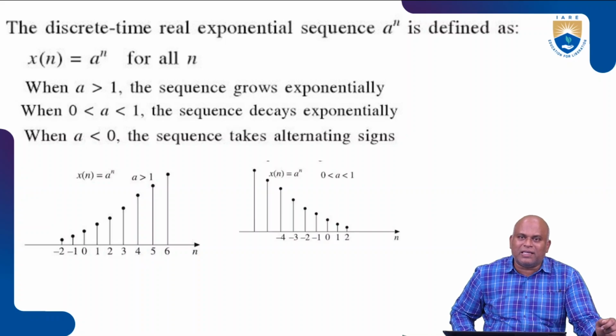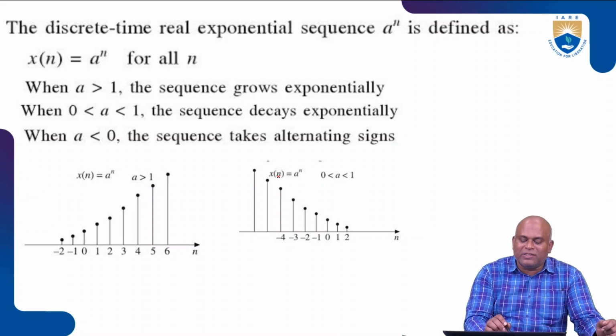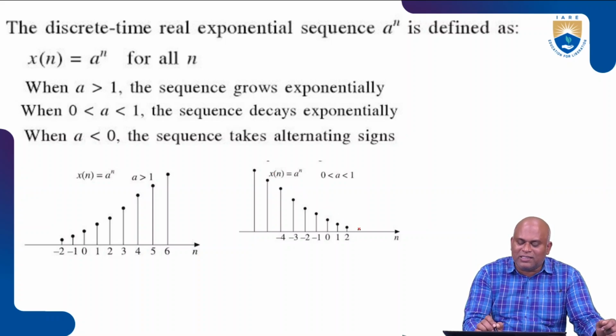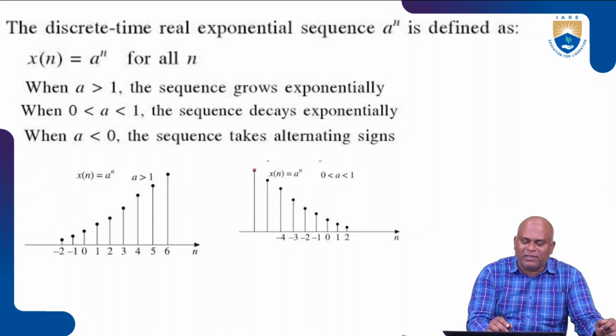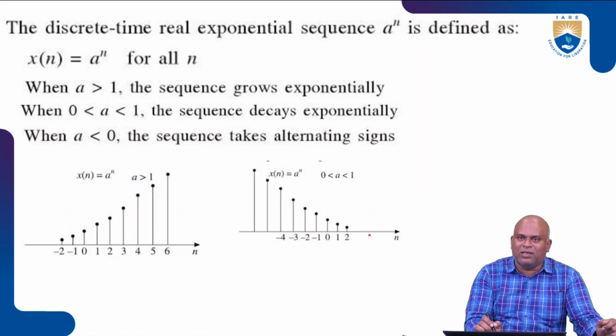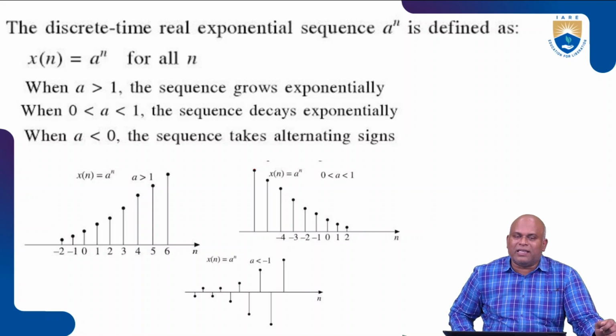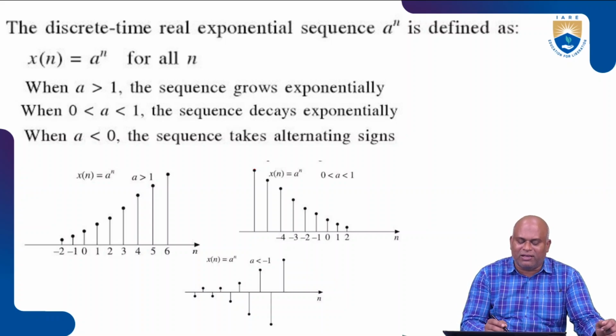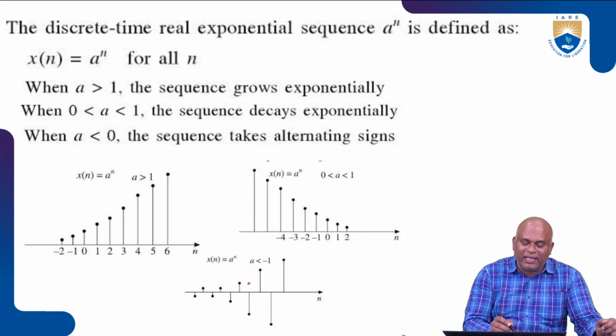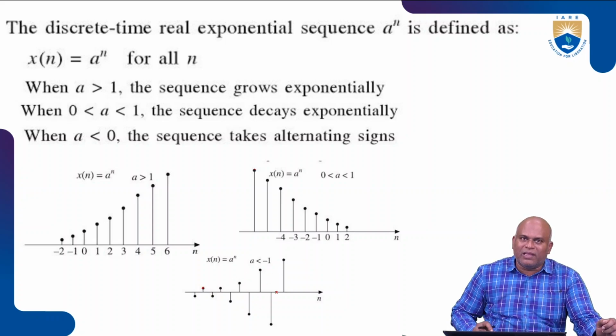When 0 is less than a is less than 1, it decays exponentially, the signal reducing, with the first value the maximum and then reducing. In the last case, when a is less than 0, the signal takes alternating sine-like signs, so the negative side and the positive side alternate in amplitude. This represents a decaying real exponential signal a power n.